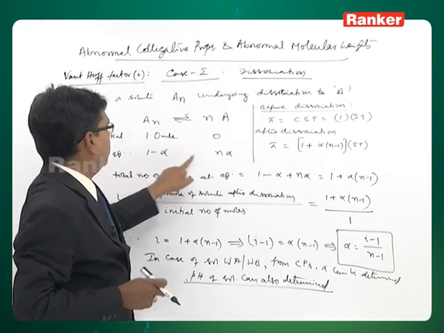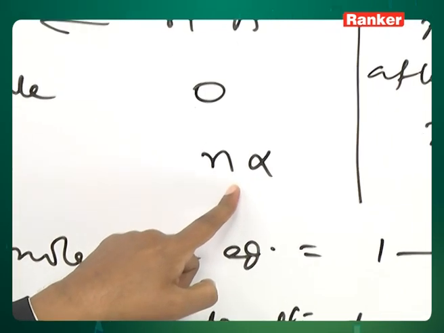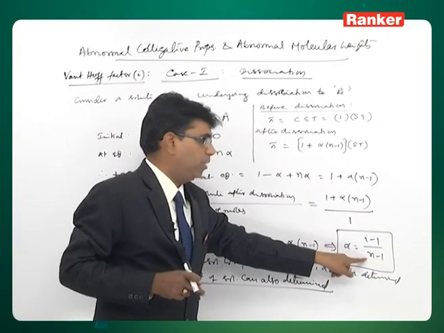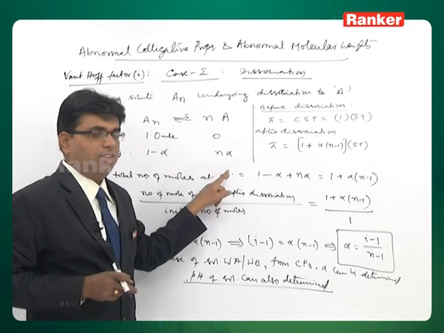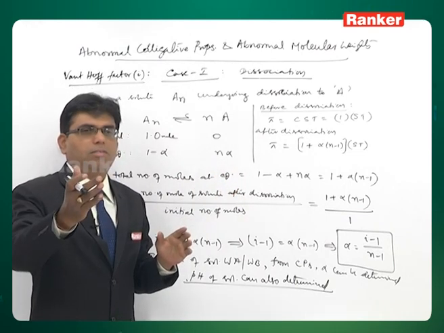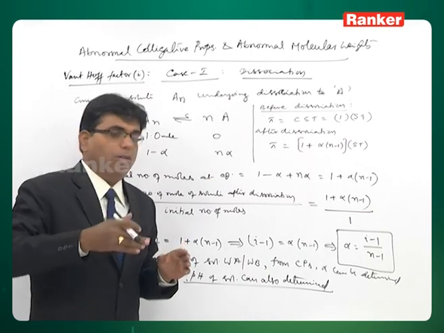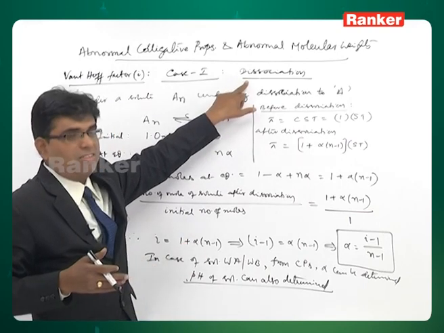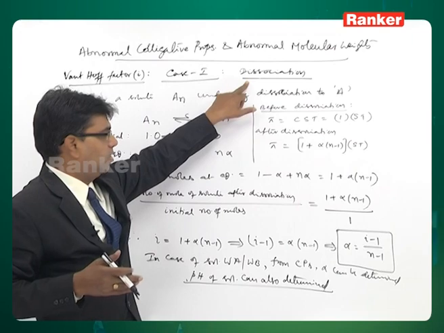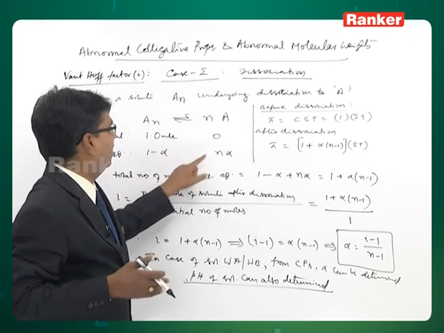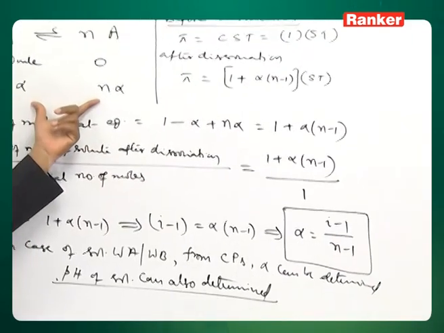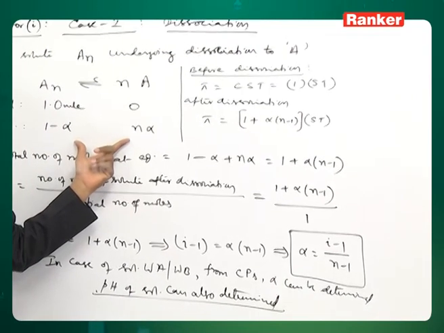Here, due to dissociation, the number of moles is increasing. So, as the number of moles is increasing, you will get a certain deviation in the colligative property. But if the solute is undergoing association, the next case we discuss, then in the case of association, the total number of moles after association will decrease.